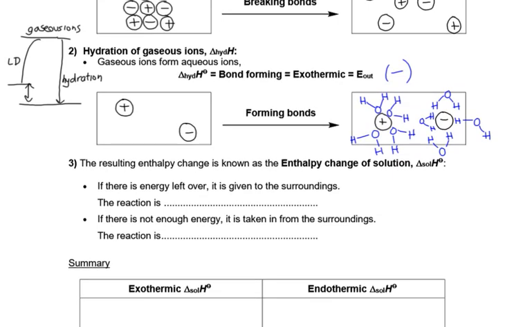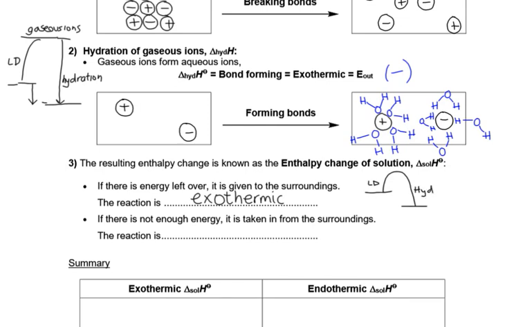If the hydration is bigger, like the example I've just drawn, we're going to end up with a negative number. So if there's energy left over, we'll end up with a negative number, and we would say this was exothermic because we had energy left over. So this was our lattice dissociation, and this was our hydration.